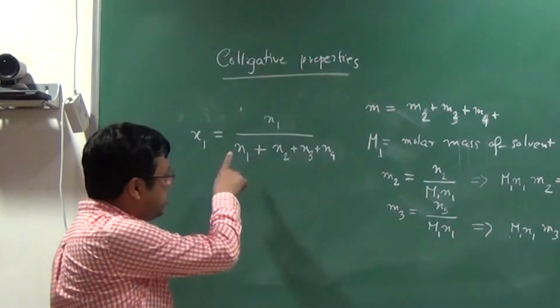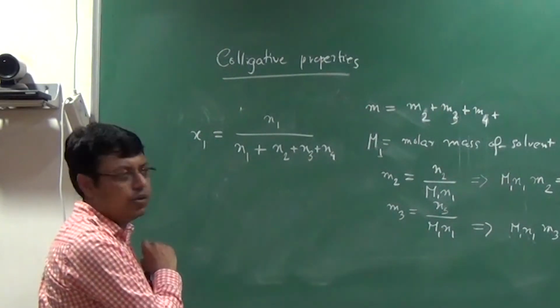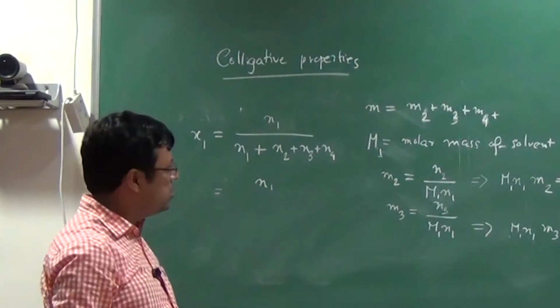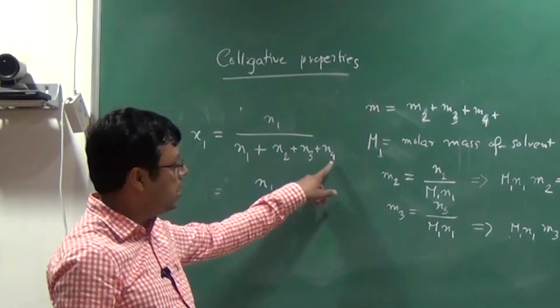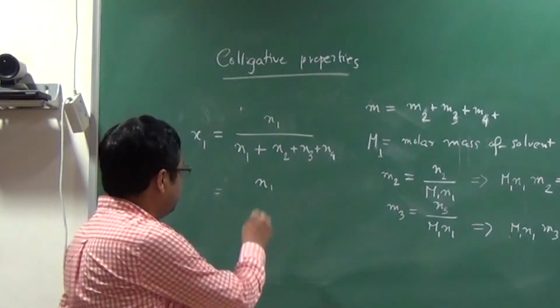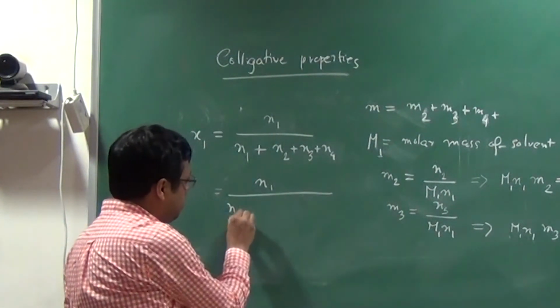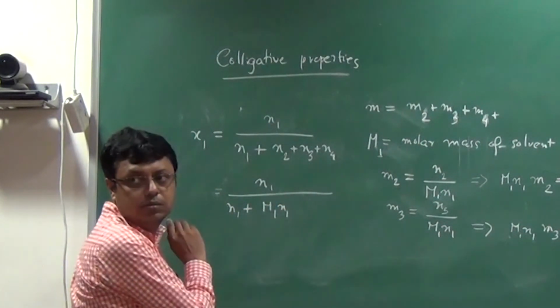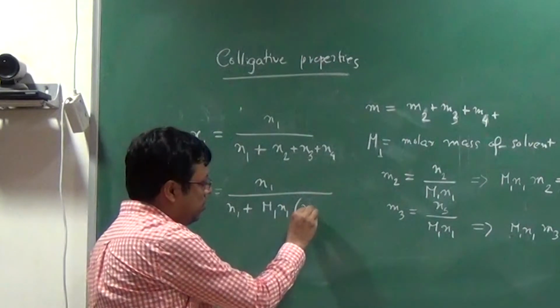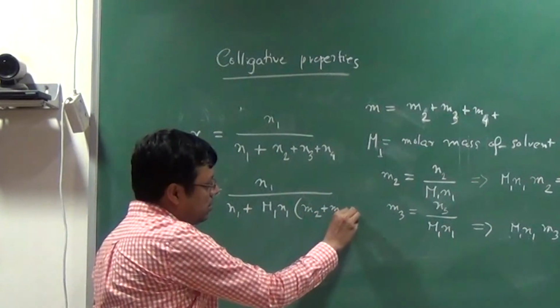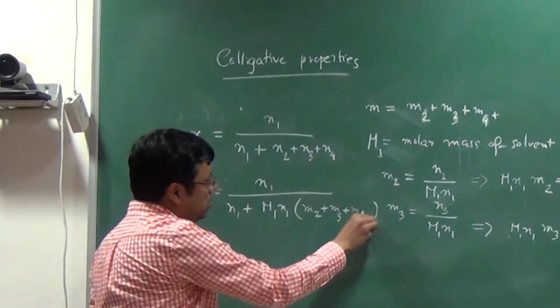So I can right now replace it. And as you can see, I will have N1. Anyway, these N1s will cancel because N2, N3, N4 will all give me something like N1 plus M1 N1, that will be common. And then I'll have a summation of m2 plus m3 plus m4 and so on.